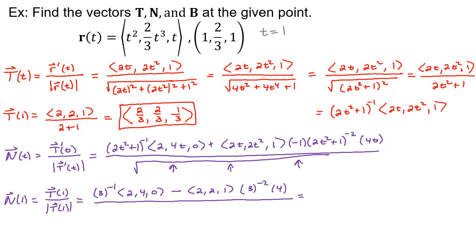So 3 to the negative 1 is 1/3, so I'll have a vector that is <2/3, 4/3, 0>. 3 to the negative 2 is 1/9, so I have 4/9 times this vector, so that would be <8/9, 8/9, 4/9>.